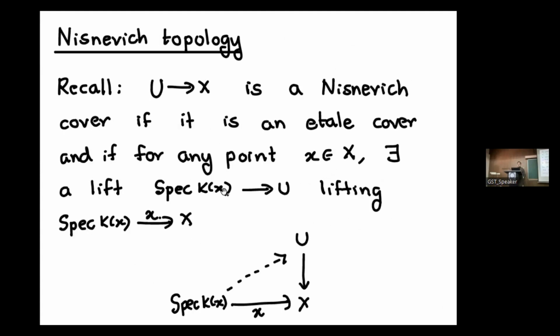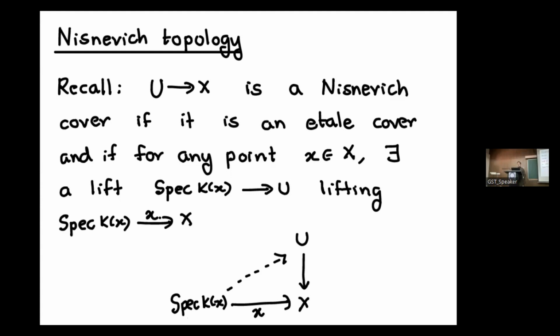To give you an understanding of what a strong condition this is, take little x to be the generic point, where capital X is irreducible. If you are able to lift that, it means you're defining a rational map from X into U, which is a section of your given map.